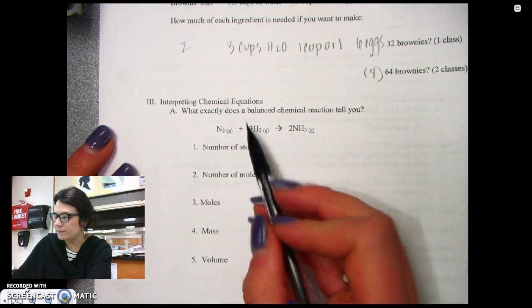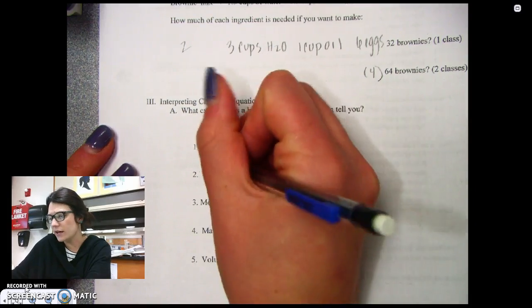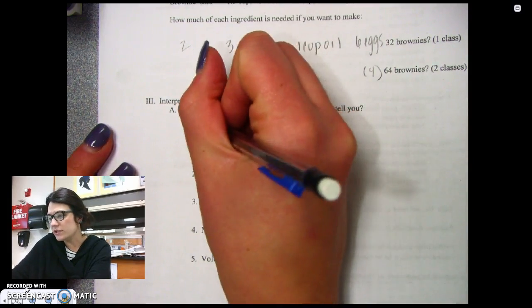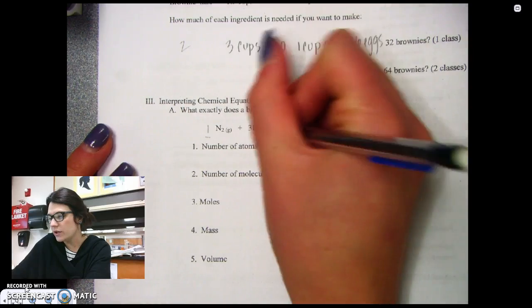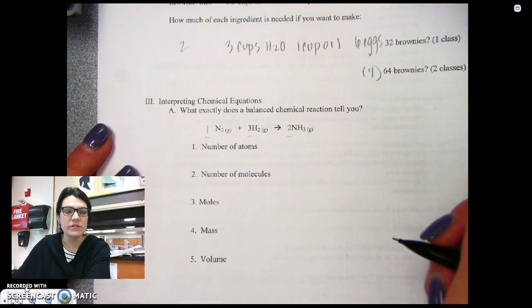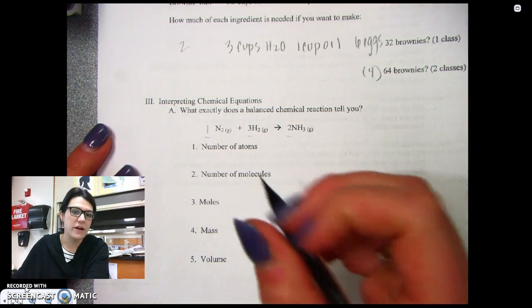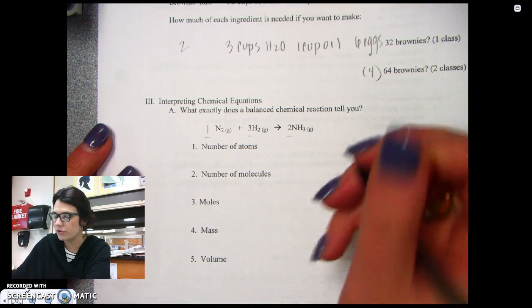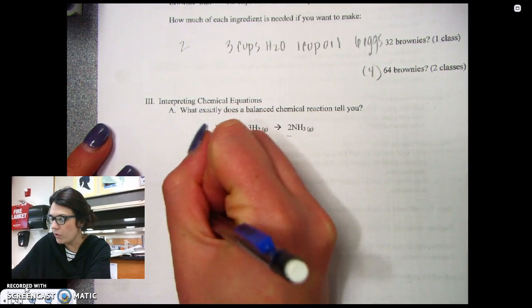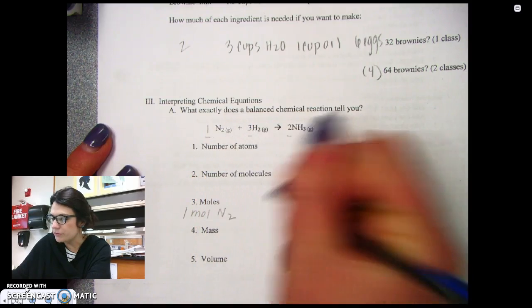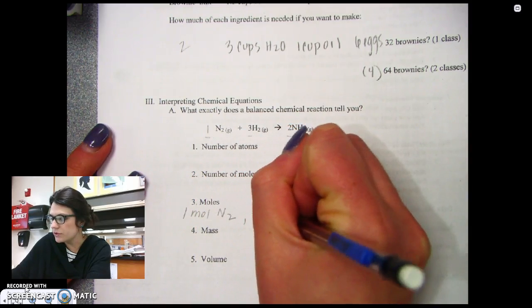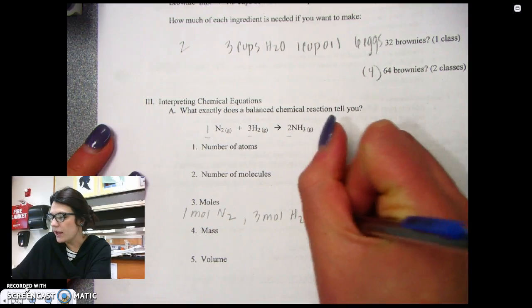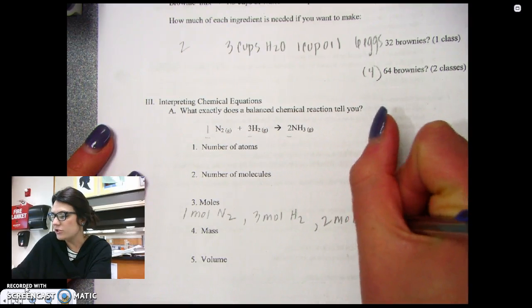So for example, I don't have any atoms in here, but I can use these coefficients, 1, 3, and 2, which all represent the number of moles based off of this balanced chemical equation. So I have 1 mole of N2, 3 moles of H2, and 2 moles of NH3.